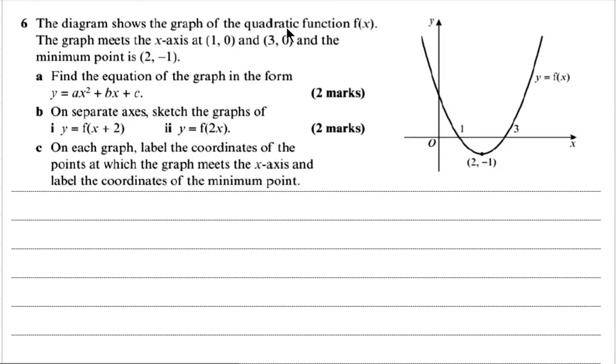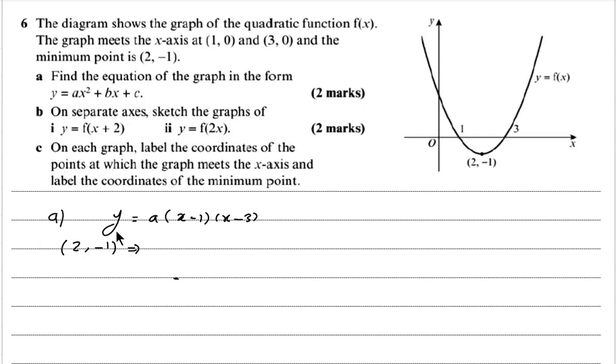Question 6. The diagram shows the graph of the quadratic function f of x. The graph meets the x-axis at 1, 0 and 3, 0, and the minimum point is 2, negative 1. Find y equals x squared plus bx plus c. Very good. For this part, we will say that y equals a multiplied by x minus 1 times x minus 3. To get the value of a, we can use the information that 2 and negative 1 is a point on the curve.